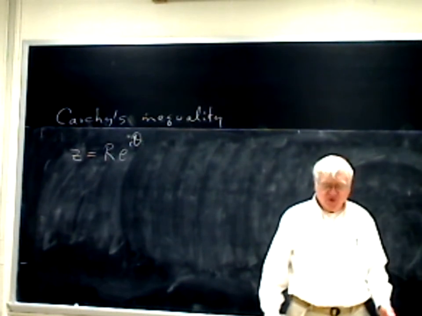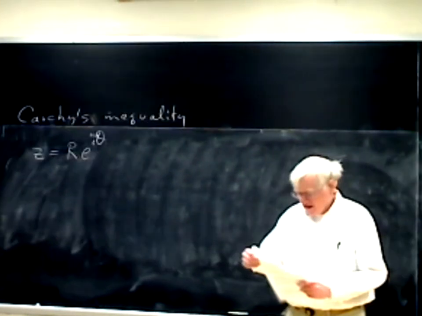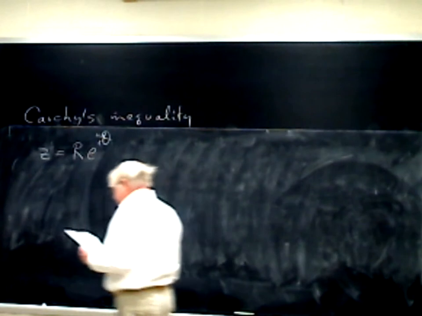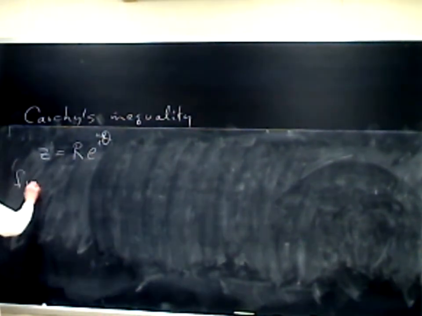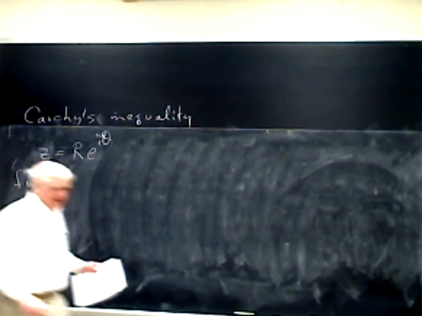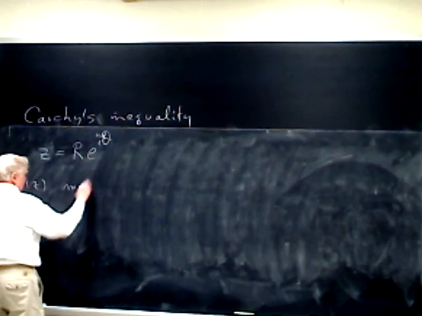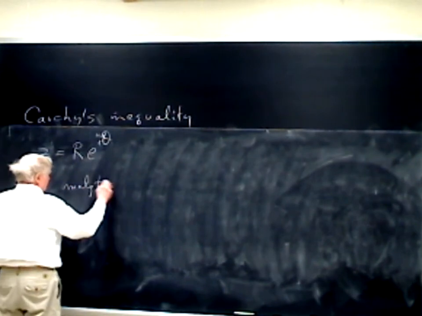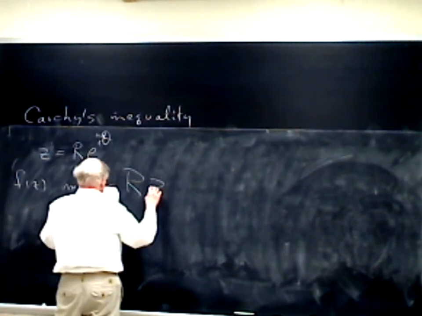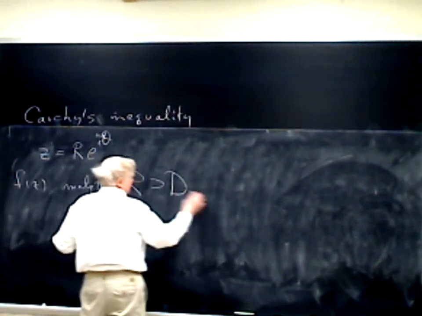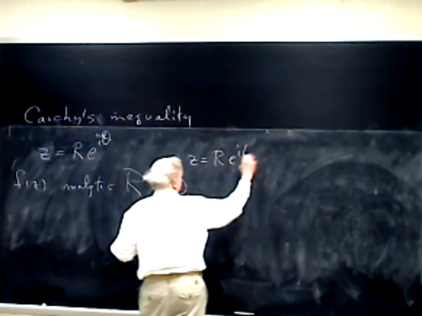That's to encourage questions. All right, last time the last topic was Cauchy's inequality. Let me just review Cauchy's inequality. Suppose f of z is analytic in some region R that includes a disk with perimeter z equals r e to the i theta.